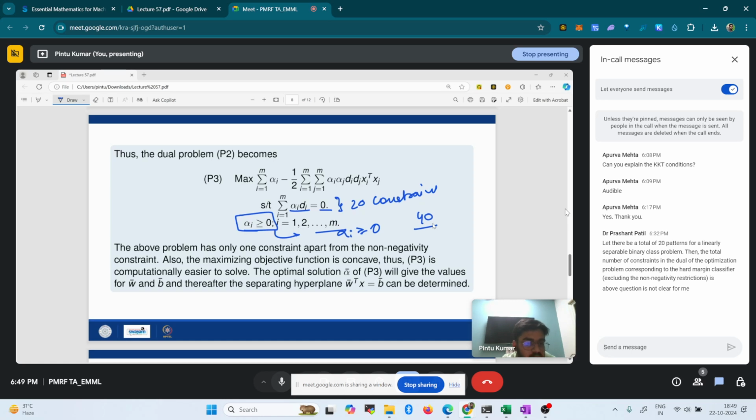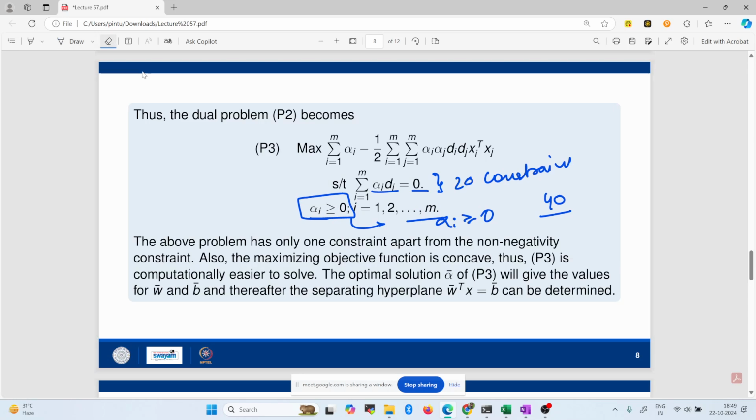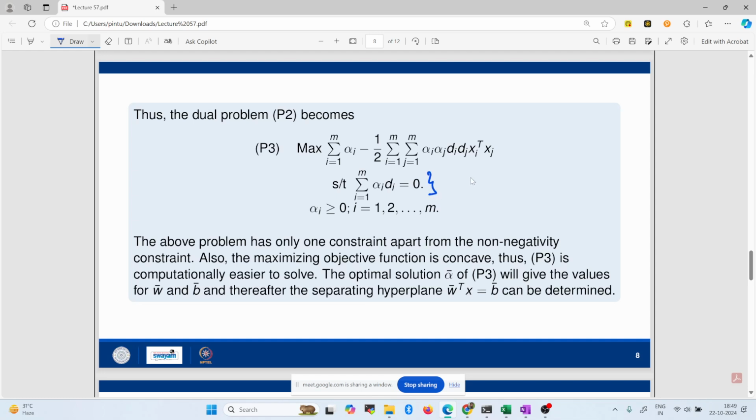Okay, one more thing. So there is something called excluding the non-negativity constraint that you have mentioned. So this 20 constraints we can remove. I'm really sorry. If you look at this particular constraint, summation from i equal to 1 to m of alpha i d i is equal to 0, so let's say if there are two data points, this constraint would look like alpha 1 d1 plus alpha 2 d2 is equal to 0.